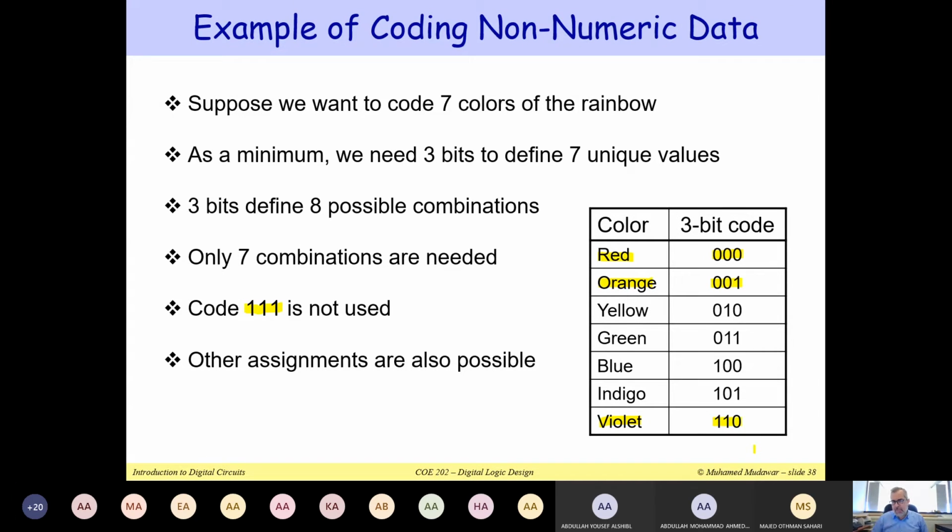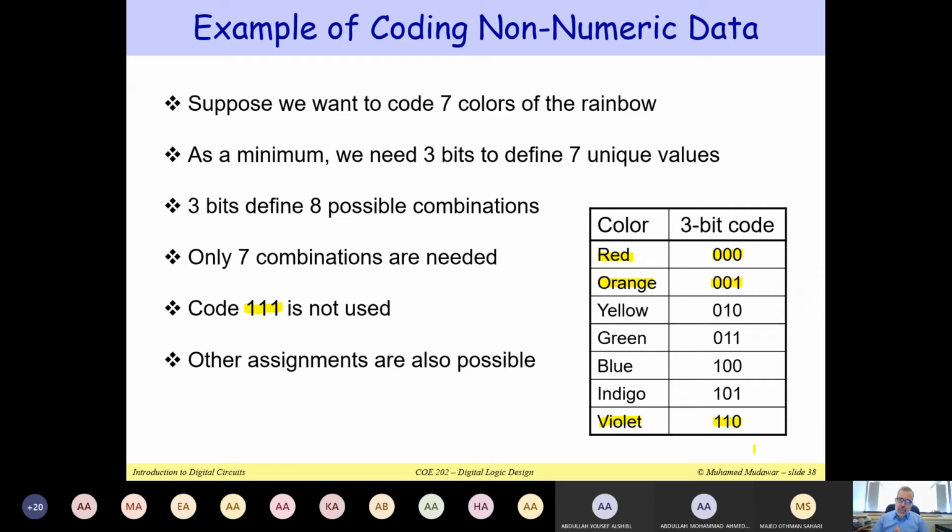We can sometimes have extra codes that are not used, because we only have 7 elements in this case. We don't have 8, but that's fine. So as a minimum, we need 3 bits, but 3 bits can define 8 codes, and we only need 7. Therefore, there is 1 code which is unused. Is this clear? This is really the idea of coding.